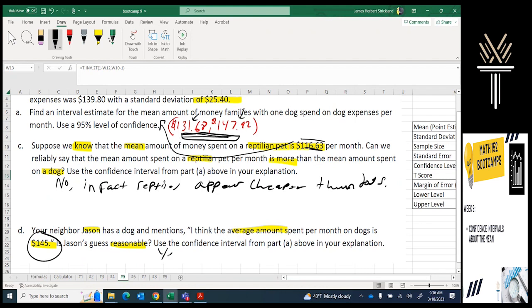So yes, we don't care that it's on the upper end and almost outside the range. Any number in that range is reasonable. So yes, it is possible. That's all we know. We don't know if it's a high possible, low possible, because any number in that range is a legal, valid number. So he could have said 147.91, and we'd say, yeah, it's possible.